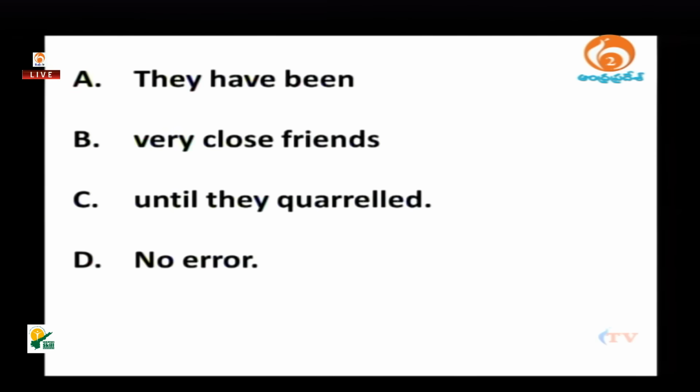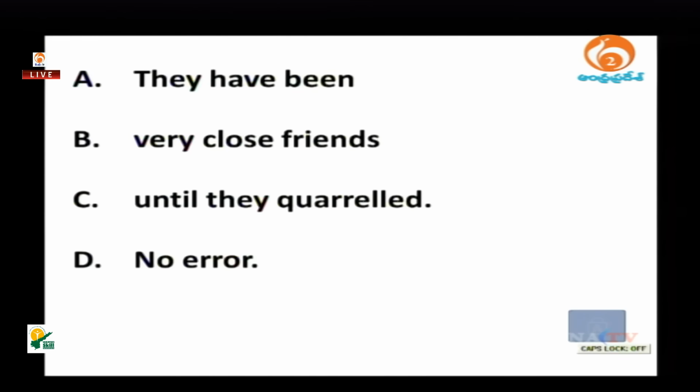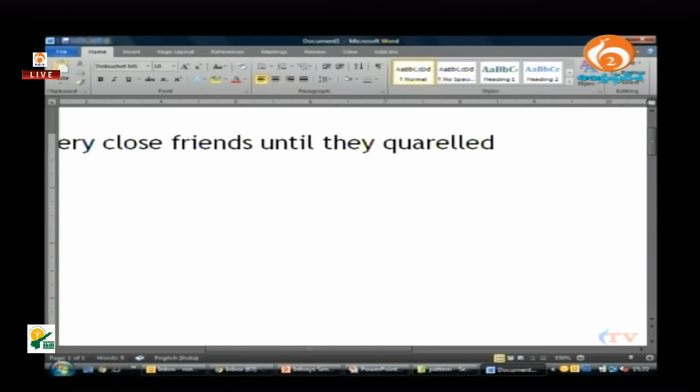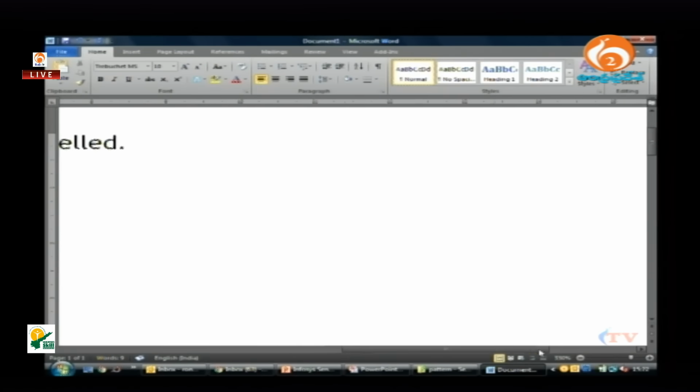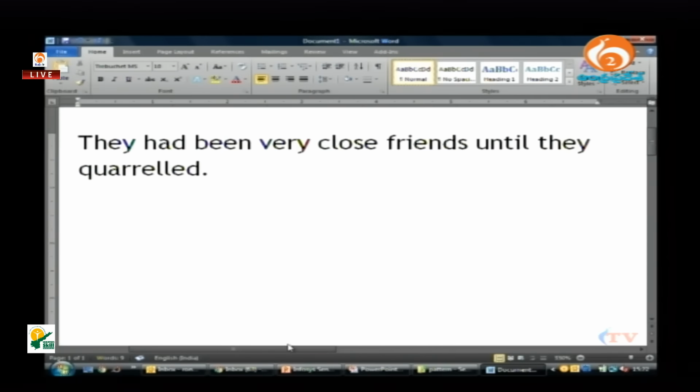Okay. Let's look at the next one. They have been very close friends until they quarreled. Quarreled means they fought. So, let's write it. They had been very close friends until they quarreled.